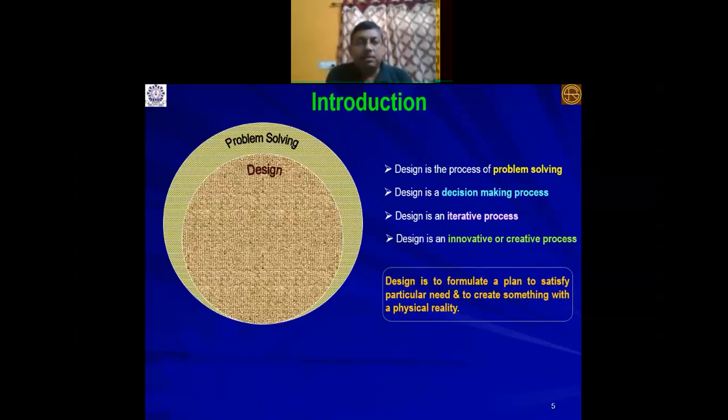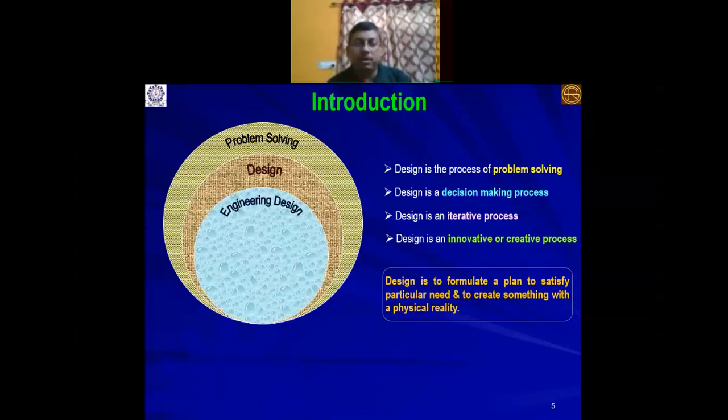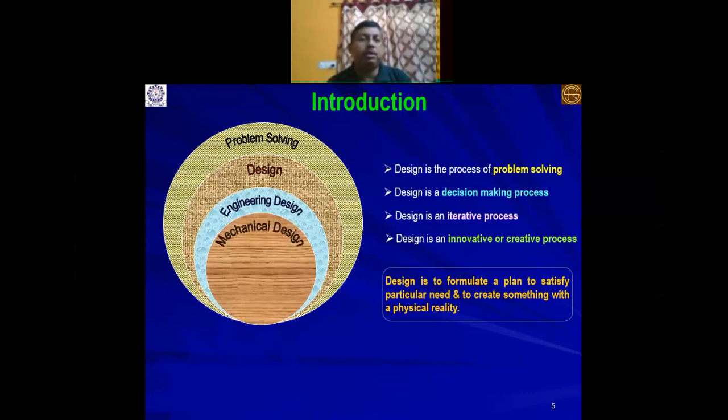But we mechanical engineers deal with mechanical engineering design. So a subset of design engineering is engineering design. Within engineering design, we mechanical engineers work on mechanical system design.